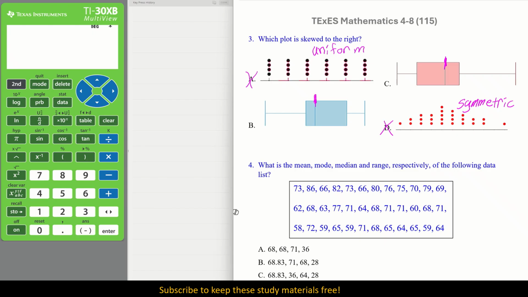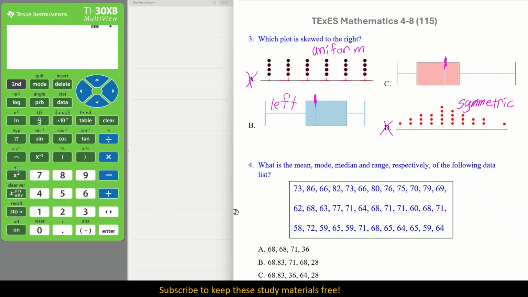Even if we had some values, we couldn't calculate it. But what we do know is that whichever whisker is longer, that is the direction of the skew. So looks like here, this is left.